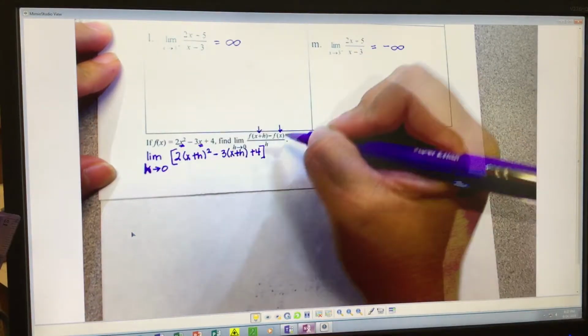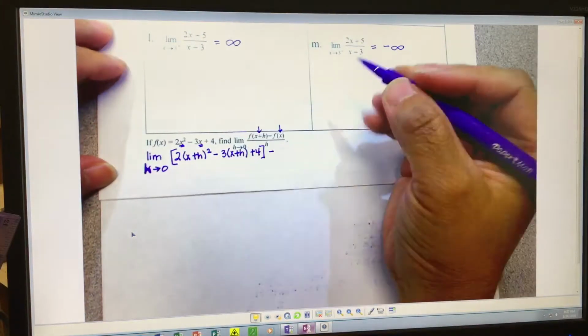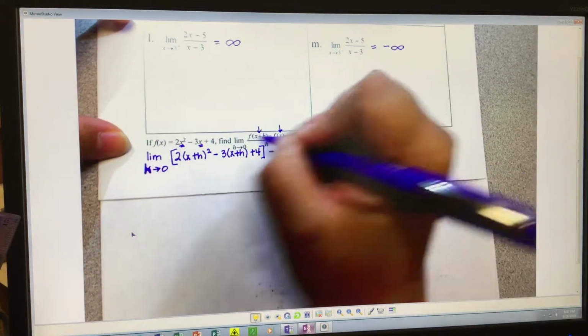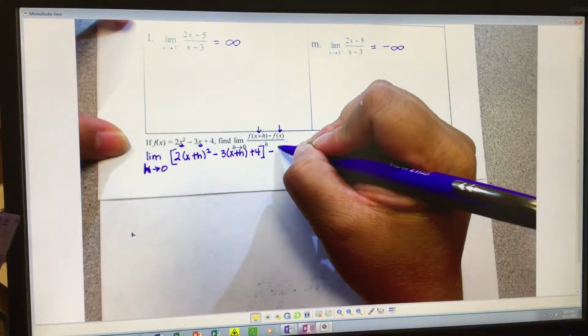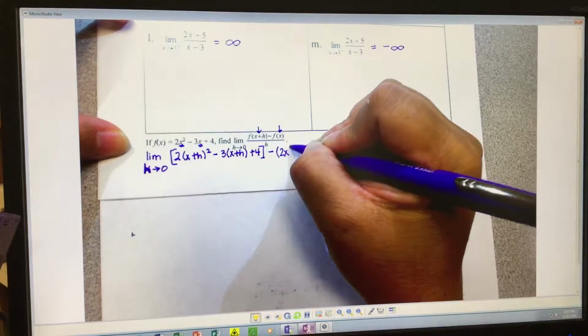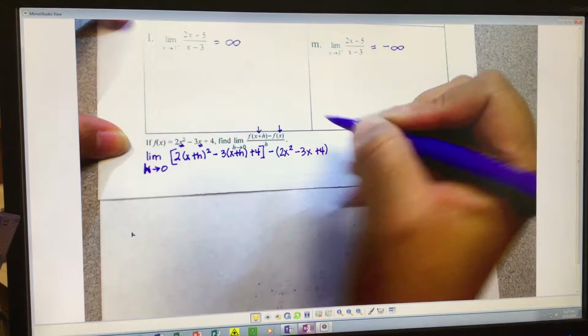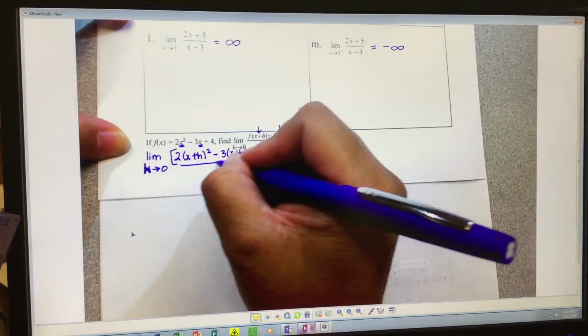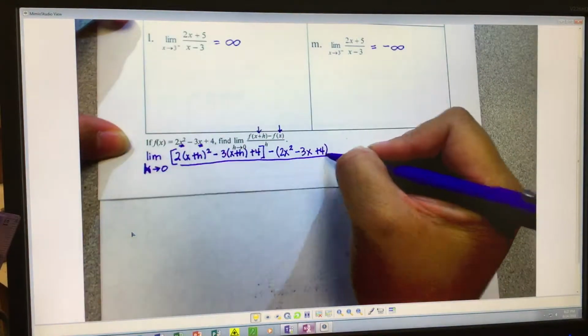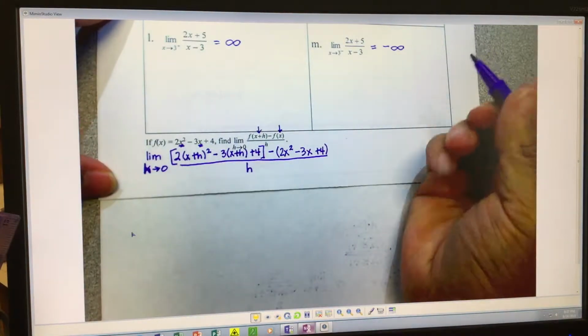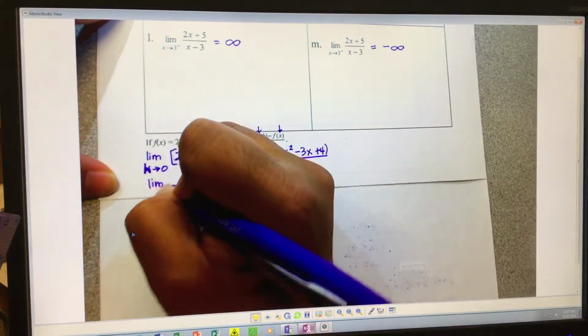Okay, minus f of x. Okay, so f of x is just this value here, so we would do 2x squared minus 3x plus 4. Okay, all over h. Okay, so I'm going to do the dirty work for you here.